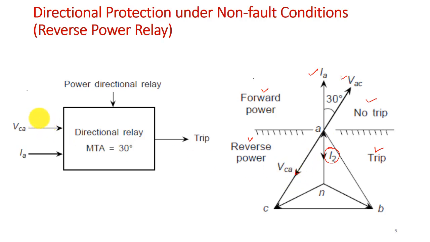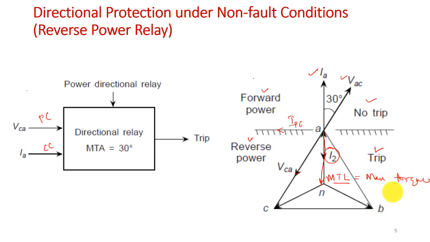This is your current coil. If we make this IPC, your MTA will lie along with I2. So this is your maximum torque line, MTL.